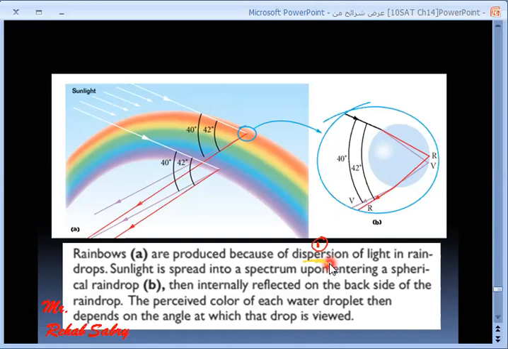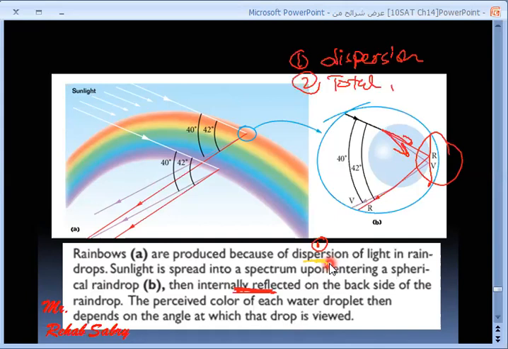Then what will happen? Number two, total internal reflection. Then the light comes out of the droplet of water to give the rainbow.